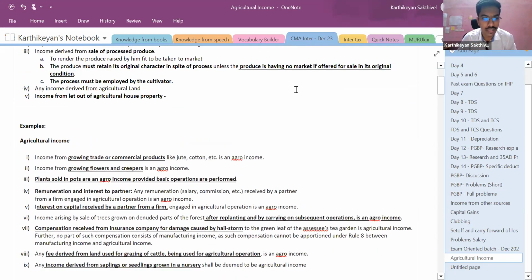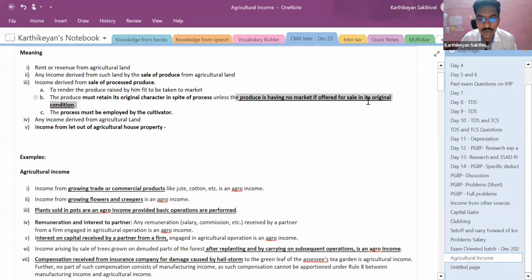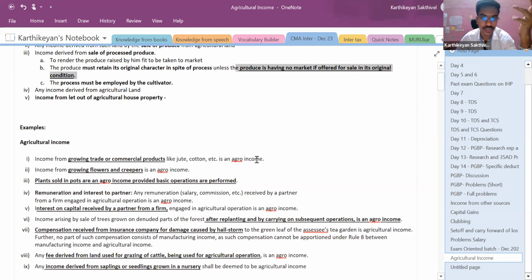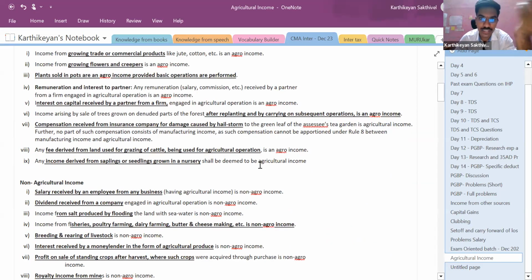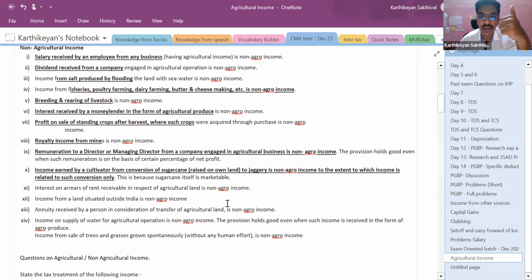In the process, the produce has no market value for sale in its original condition, but sugarcane has its value. Sugarcane is produced first and then jaggery is produced. Sugarcane can be sold separately. Correct? So without further processing itself, if it can be sold, that produce is to be treated as non-agricultural produce.